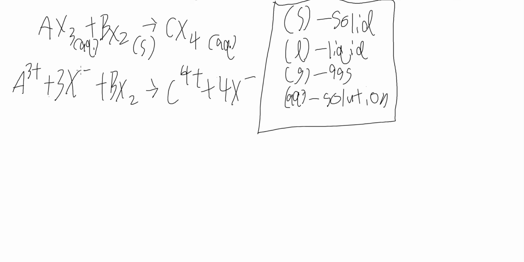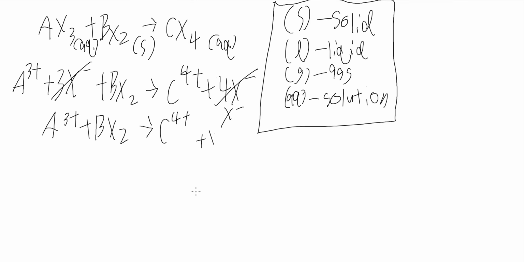So for example, I can cancel this such that I get an X minus. And all we're left with here is A3 plus, BX2 turns into C4 plus, X minus. And you can see that I have balanced the equation.